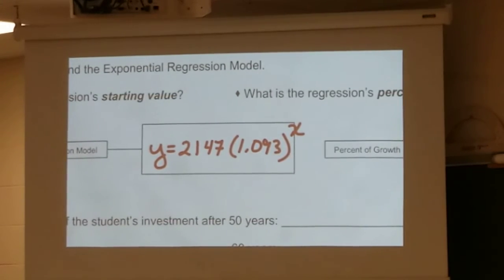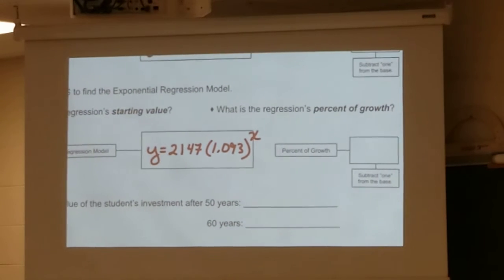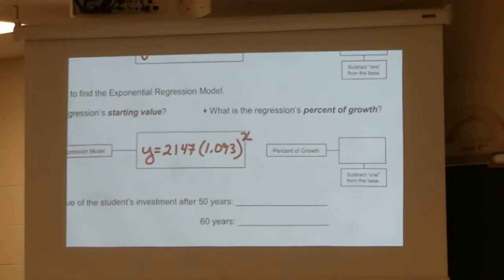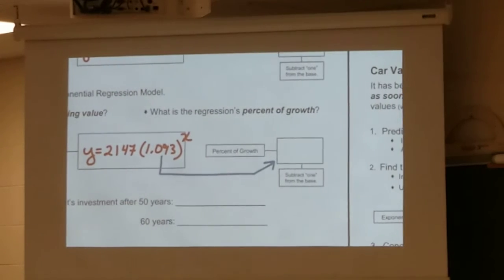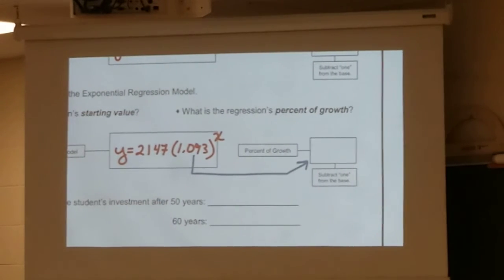Very similar equation to what we came up with by hand. Remember, if you have the base, you can get the percent. I want you to look at numbers like 1.093 and say that that's really just the same as 9.3%.